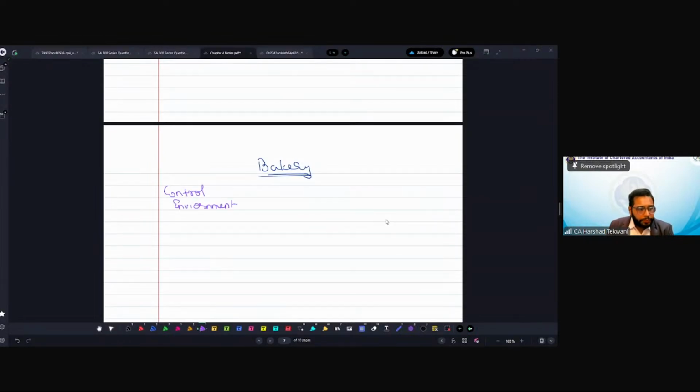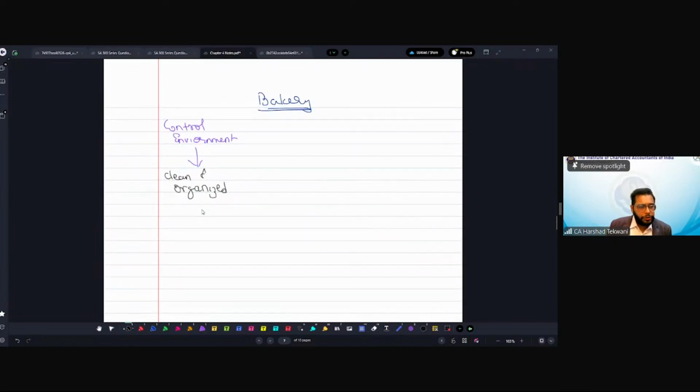That includes a simple, clean, and organized kitchen, with rules set by the owner. If the owner says the kitchen should be clean and organized, with all things in their place, this is setting the tone at the top: how the owner wants the bakery's kitchen to look and operate. Then comes the risk assessment.